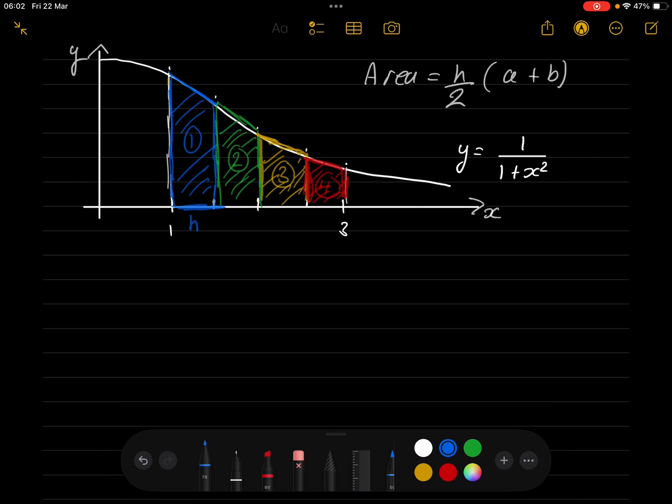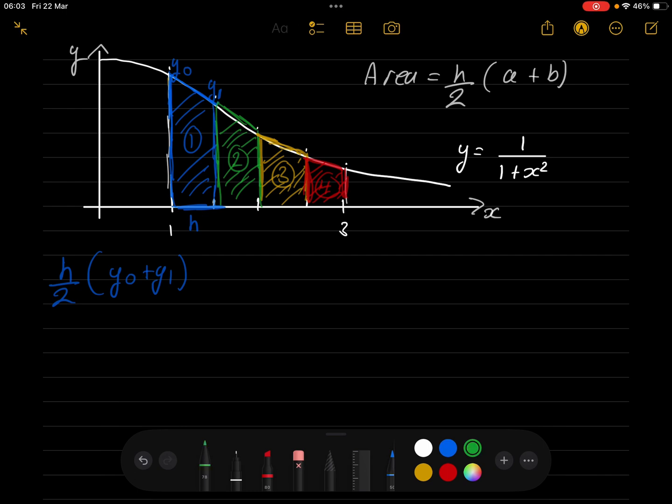It would be this h here. So h over 2. And then the length of a would be this y coordinate here, I'm going to call it y0. And then the height of this one I'll call y1.